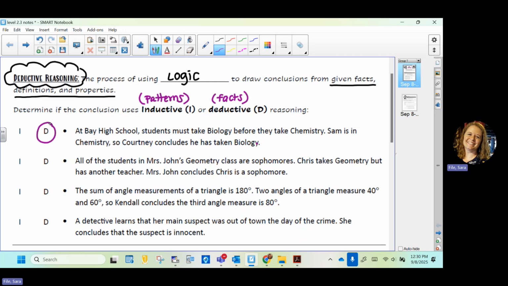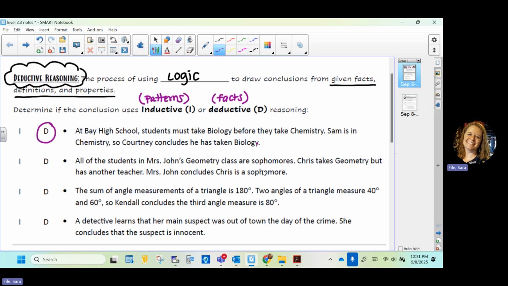The next one says all the students in Mrs. John's geometry class are sophomores. Chris takes geometry but has another teacher. Mrs. John concludes that Chris is a sophomore. To draw her conclusion that Chris is a sophomore, she is using what she knows about her own class.